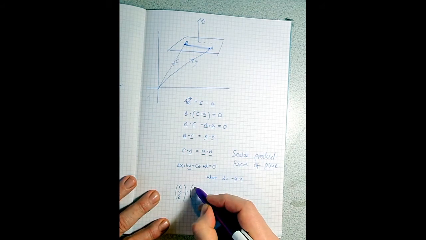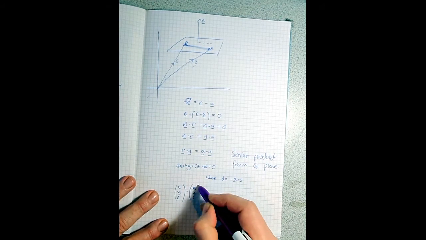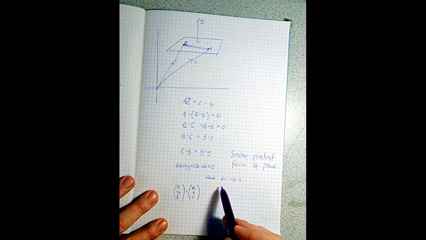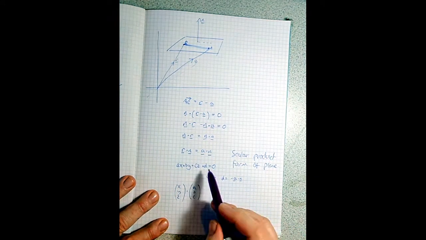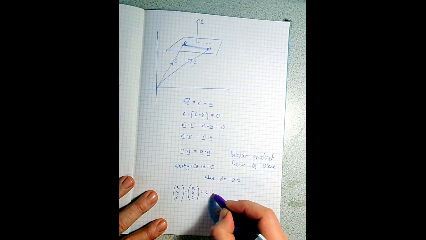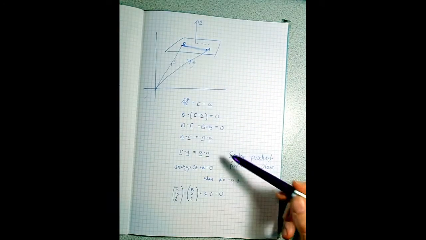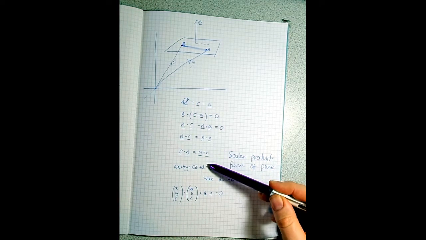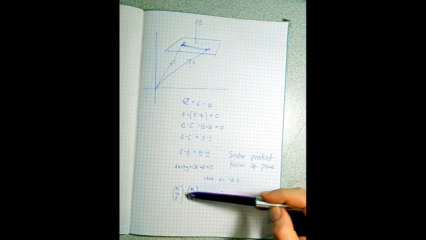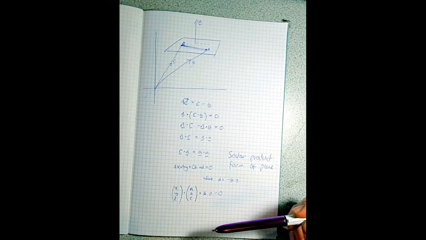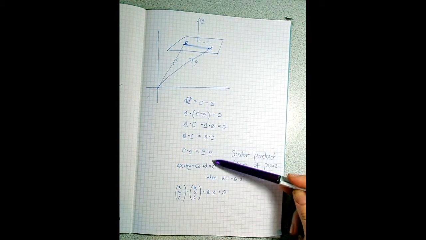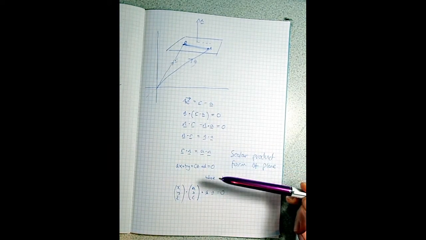Dot that with my normal vector, abc. A dot n, well, that will be minus d, or plus a dot n. They are actually the same thing. Ax plus by plus cz is r dot n. So the scalar product form and the Cartesian form of my plane are the same thing.